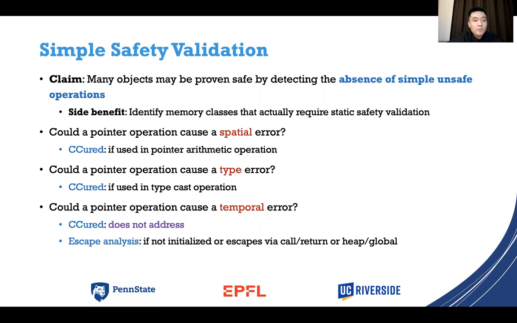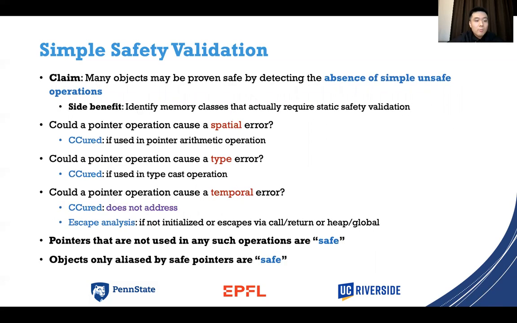SecureD already accounts for the spatial and type unsafe operations, so we employ their approach accordingly. Also, we implemented the use before initialization check and an escape analysis to check the temporal unsafe operations. After step 1, we denote that the pointers that are not using any such operations are safe, and the objects only aliased by the safe pointers are safe.